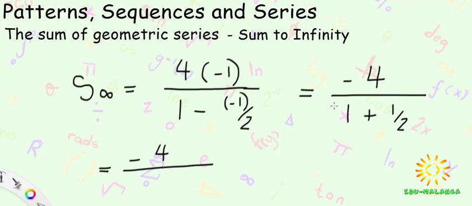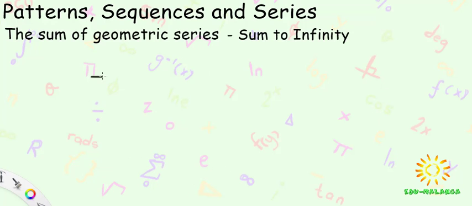If you make this a fraction, that is 2 over 2, you're going to have 2 plus 1, so you get 3 over 2. We're going to rewrite this again. We're going to have negative 4 divided by 3 over 2. And we're going to swap the numerator and the denominator and change it into a multiplication sign.